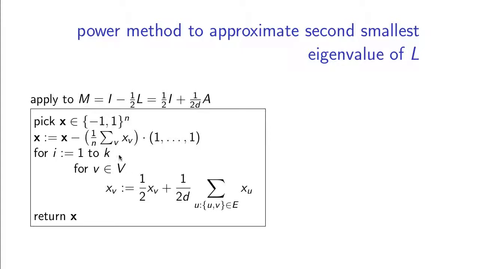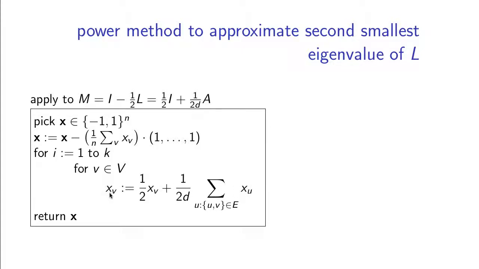And then we multiply x by M to the k, which means that k times, we multiply x by the matrix M. A multiplication of x by the matrix M will be such that after the product, the v-th entry of x will be half of what it was before, corresponding to half of the identity, plus 1 over 2d times the summation over the neighbors of v of the value x_u.